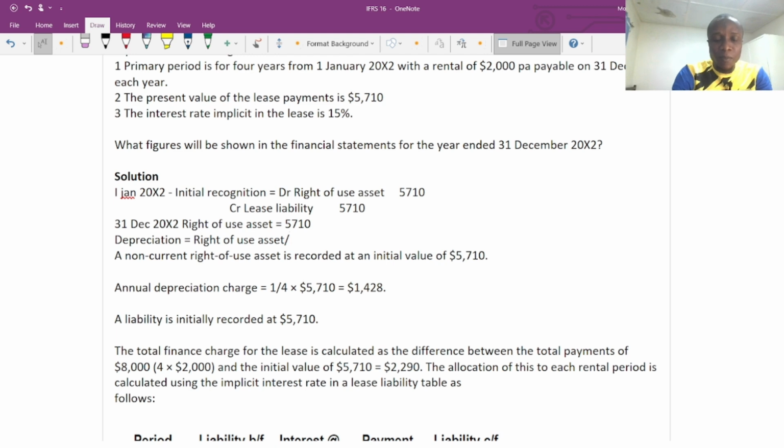divided by, it depends. Now from the question, it is not clearly mentioned whether the control is transferred or not, but automatically in the question, the only period that is given is the lease period, the lease term. The useful life of the asset is not given, so we are going to depreciate using the lease term of 4 years.